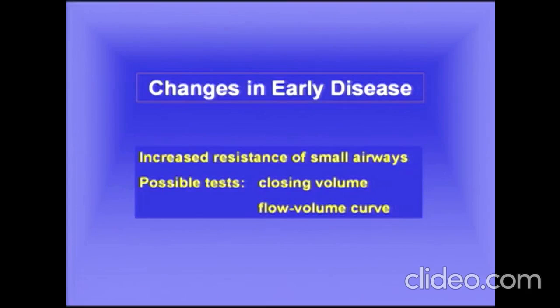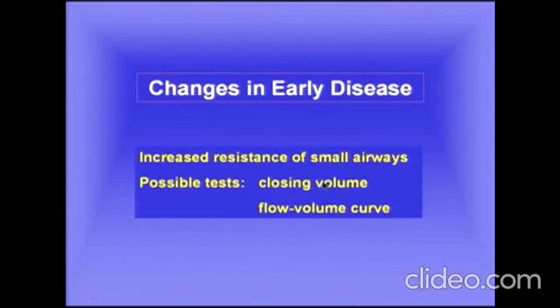Now, what we'd like to do with chronic bronchitis is to pick up the increased resistance of the small airways at an early stage. Difficult to do because, as we've said several times now, the small airways constitute a silent zone. The amount of airway resistance in the small airways in the normal lung is very small.